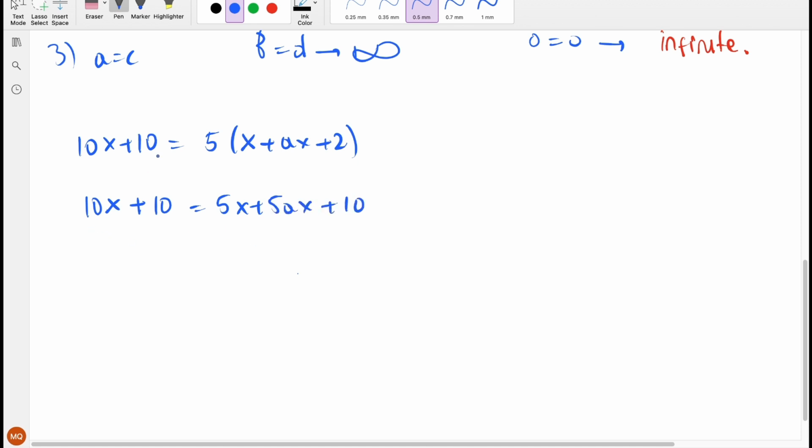Okay, here the coefficients are 10 and 5 and 5a. It means that 10 has to be equal to 5 plus 5a when it has an infinite number of solutions. From here, a is equal to 1. And the constants have to be equal to each other, so they are equal to each other, no need to look at them.